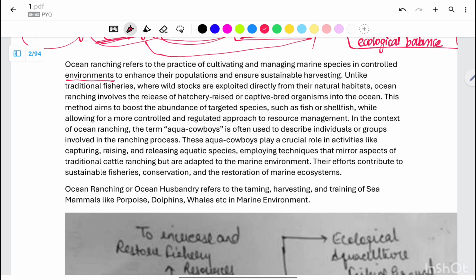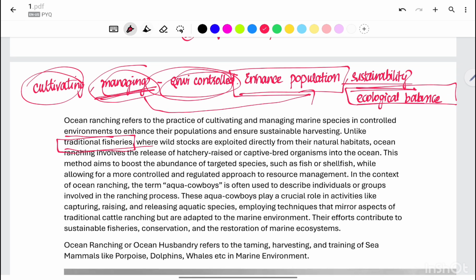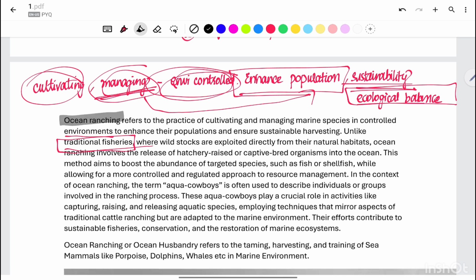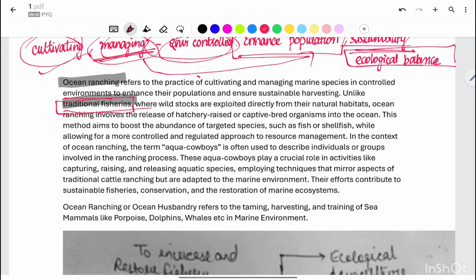What is the difference between ocean ranching and traditional fishing? Ocean ranching and traditional fishing have a few differences, right? In ocean ranching, we cultivate and even manage them in a controlled environment for the betterment of the population, for sustainability. Whereas in traditional fishing, it is wild stocks.